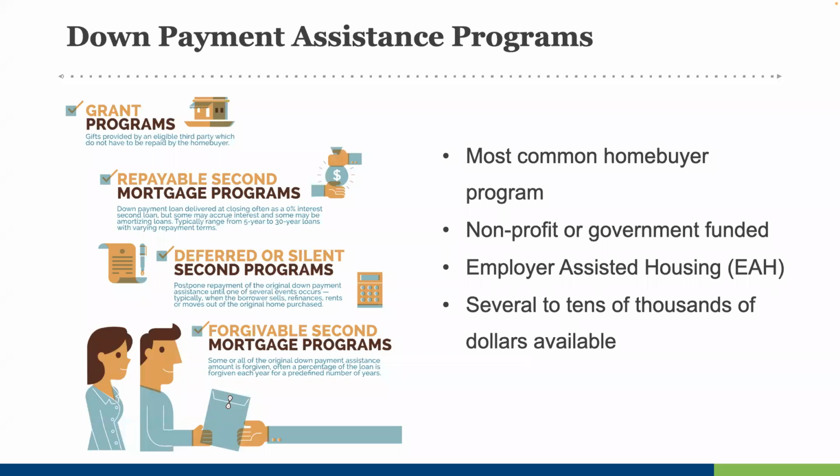And lastly, forgivable seconds, where some or all of the original down payment assistance is forgiven. Often a percentage of the loan is forgiven each year for a predefined number of years. As an example, it's common for a forgivable DPA to be forgiven 20% per year over 5 years.